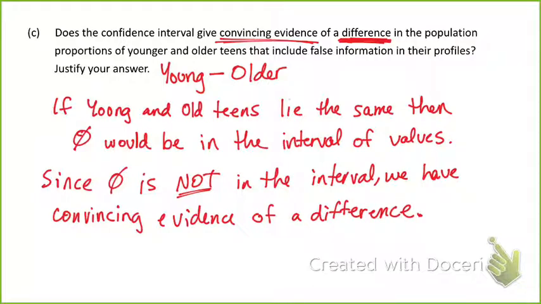Now, not only do we have convincing evidence of a difference, guys, but we can even tell who's lying more. All of the values in the interval are positive. It's a positive 12% to a positive 19.7%? Something like that? So all of the numbers are positive. If I'm taking younger minus older, and I'm getting a positive proportion every single time, who's lying more?